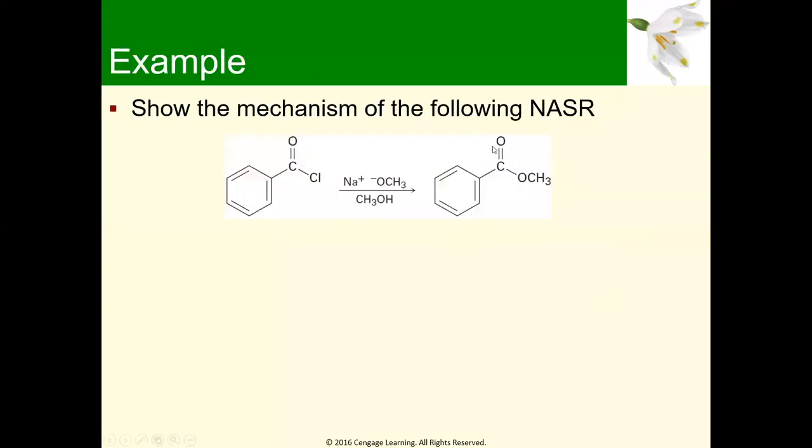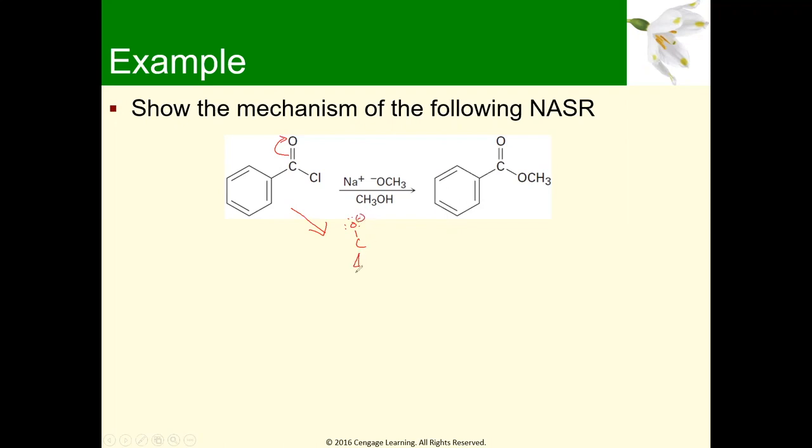So we're going to show the mechanism of the following nucleophilic acyl substitution reaction. All right. Now, if you don't mind, I'm just going to abbreviate. Remember that this benzene, we can just abbreviate with a Ph. It'd be a little easier if I just write that. So remember that the intermediate is going to be the carbon. Now the electrons move up onto the oxygen. So I get the carbon, the oxygen, and now it's got 3 lone pairs on it. It's got the formal negative charge. Okay.